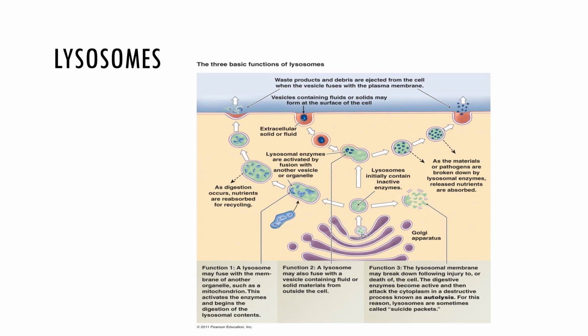Peroxisomes are another type of special vesicle, and these are membranous sacs containing oxidases and catalases. Peroxisomes detoxify harmful or toxic substances. They neutralize dangerous free radicals, which are highly reactive chemicals with unpaired electrons.